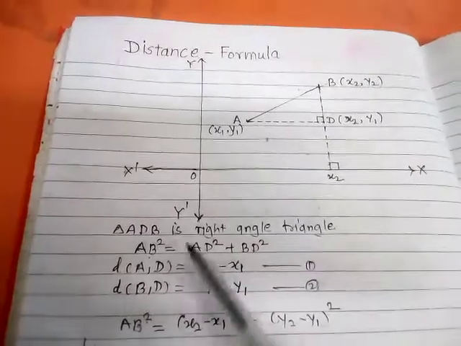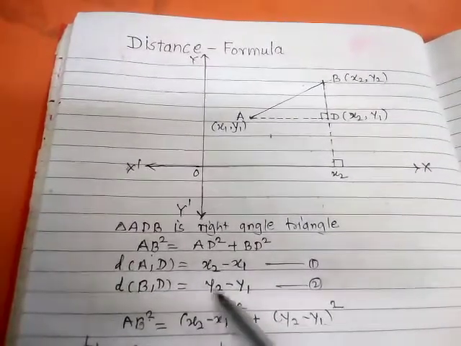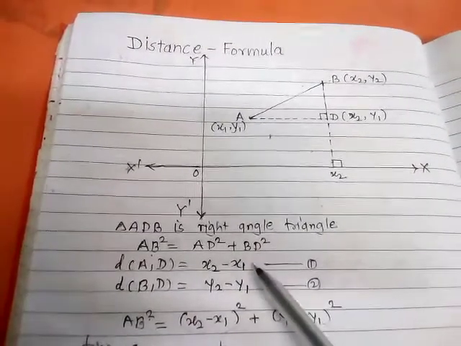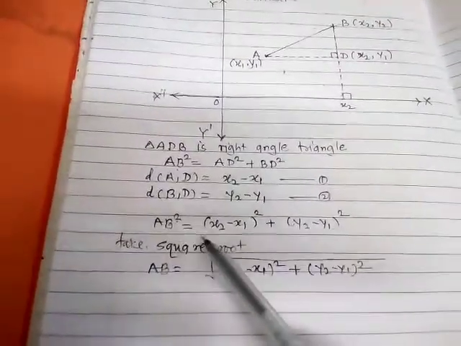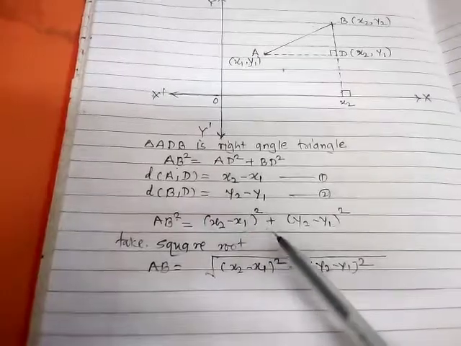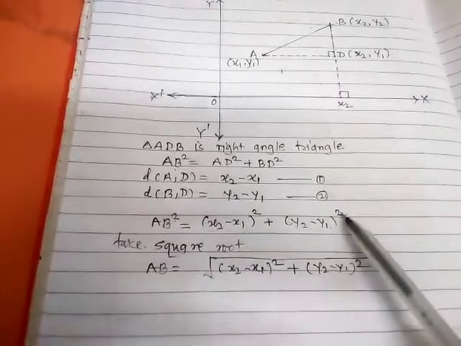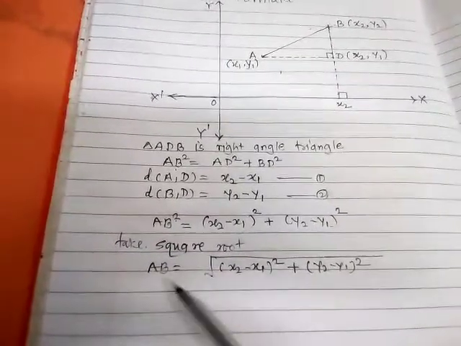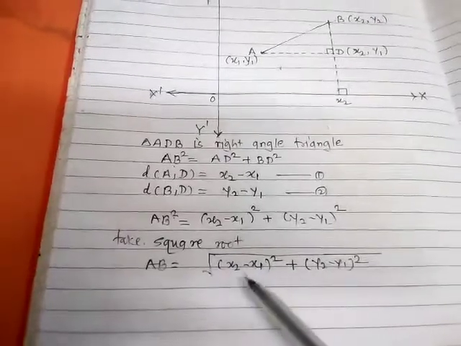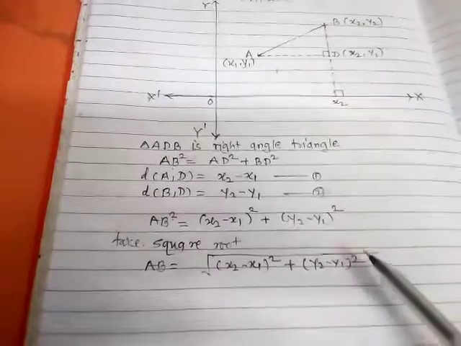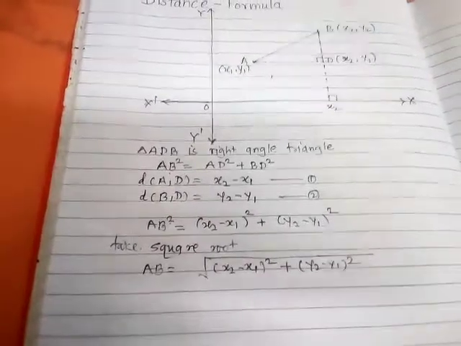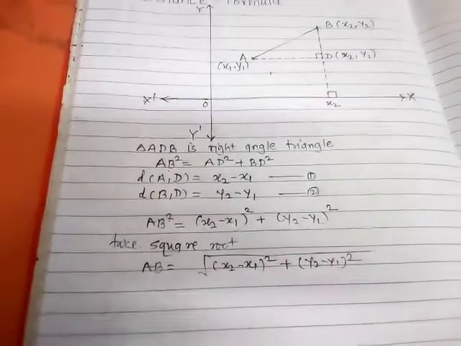Distance BD is equal to y2 minus y1. Put these values of AD and BD in the above equation. We get AB square is equal to (x2 minus x1) whole square plus (y2 minus y1) whole square. Taking the square root, AB is equal to the square root of (x2 minus x1) whole square plus (y2 minus y1) whole square, and this is our distance formula. Okay friends, thank you.